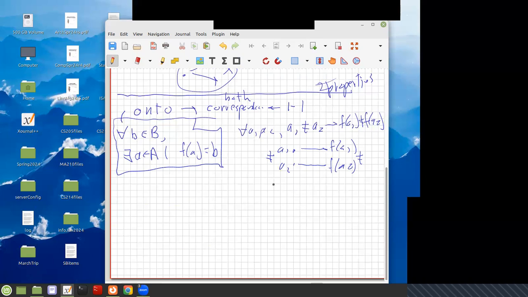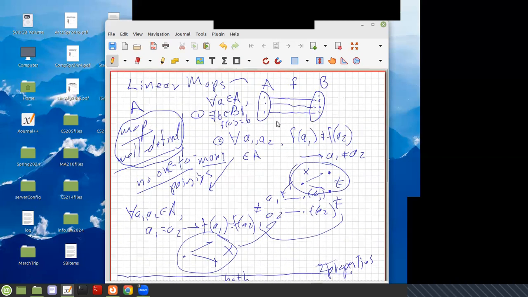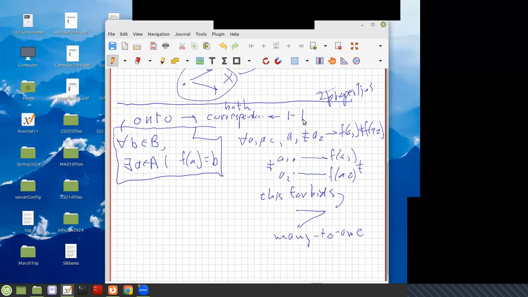And notice what it forbids is 2 going to 1, right? It forbids many to 1. So to be a map, you can't have 1 to many, but to be 1 to 1, you also can't have many to 1.